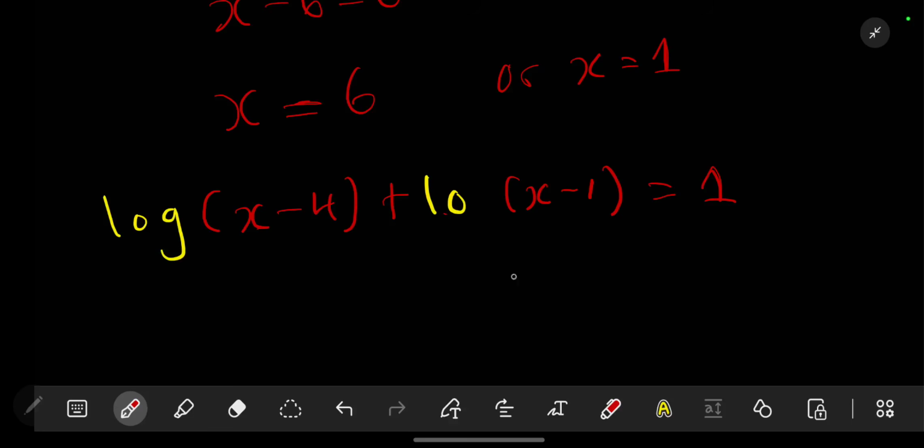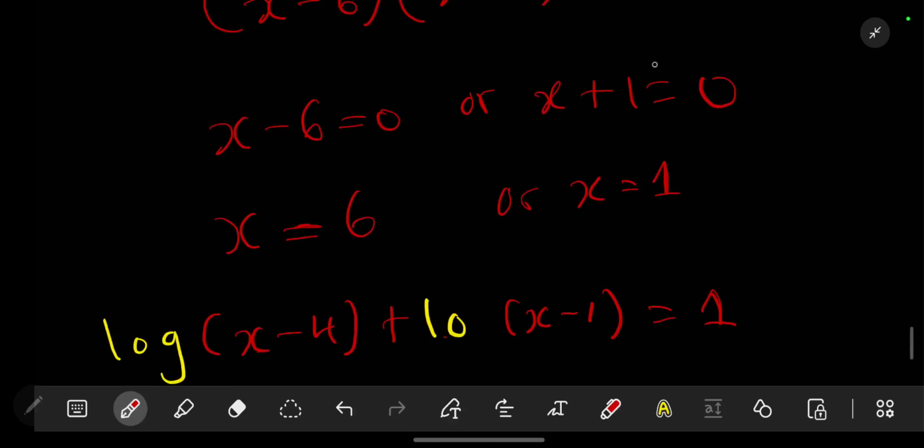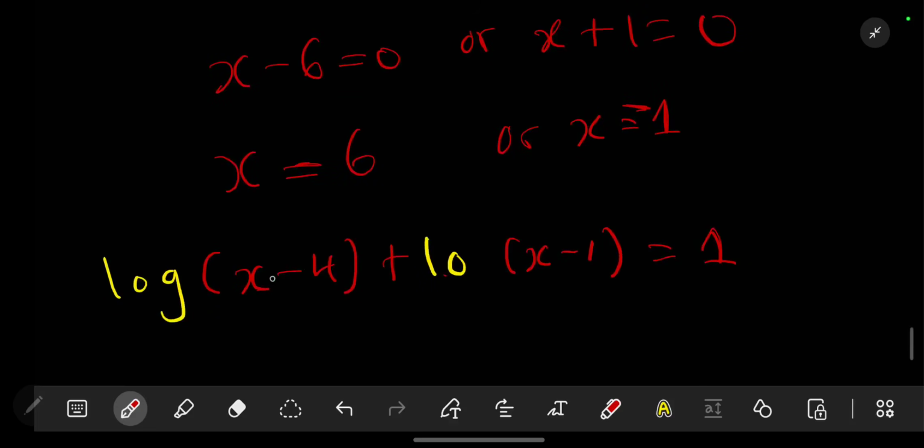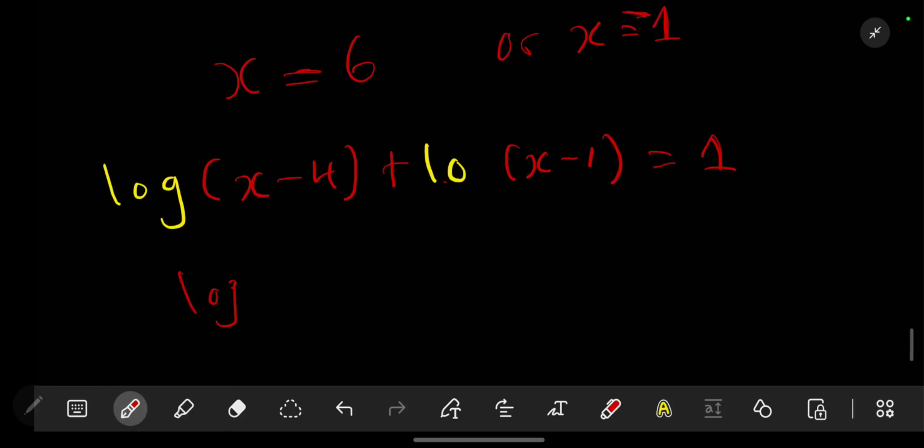So for example, if I was to put negative 1 here, it will be negative 1 minus 4, which will be negative 5. So it will be the log of negative 5, which is undefined.